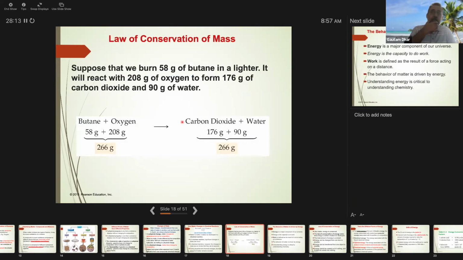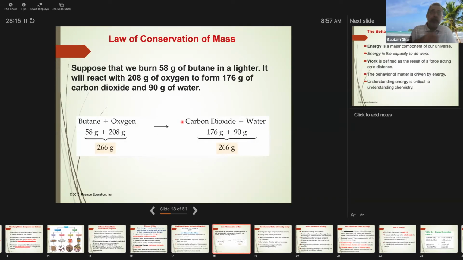If you look at this simple example here, suppose that we burn 58 grams of butane in a lighter and it reacts with 208 grams of oxygen to form 176 grams of carbon dioxide and 90 grams of water. Putting them together, you have butane plus oxygen, with an arrow, giving carbon dioxide plus water.